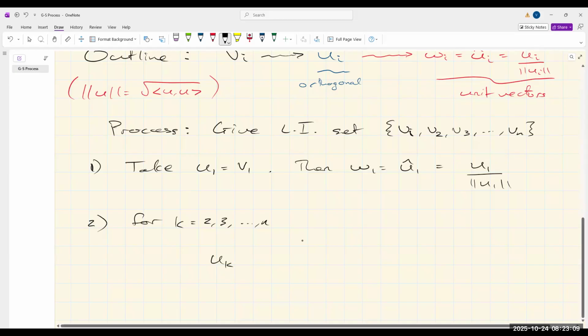It's not so complicated: the U at that level is equal to the V at that level minus the summation, as j goes from 1 to k minus 1, of the inner product of this fixed V with the Wj.